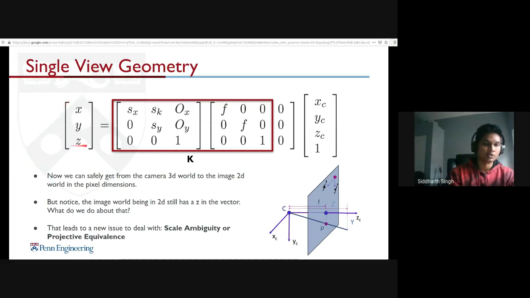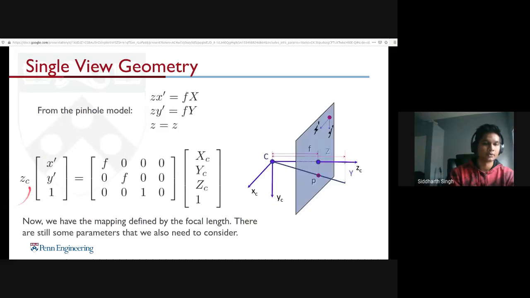Essentially we do have a z, but what we just did was take z out, and when I take z out, this x dash is actually x by z. So to make that strong assumption that my image plane is only a unit distance from the optical center, it's not like the ZC vanished.